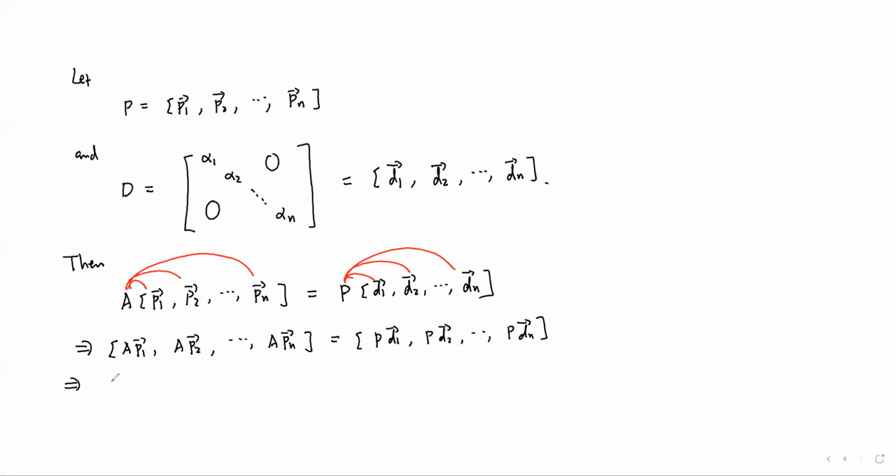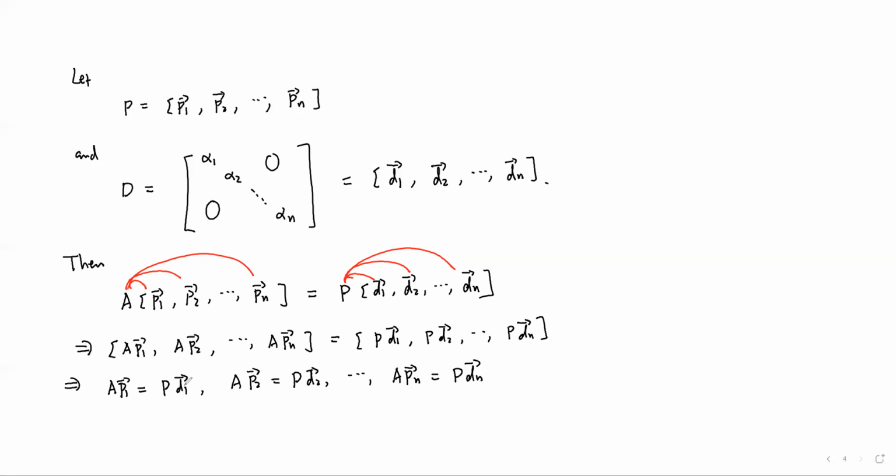Then the first column is equal to the first column, the second column is equal to the second column, and so on. The last column is equal to the last column. So we have n equations.